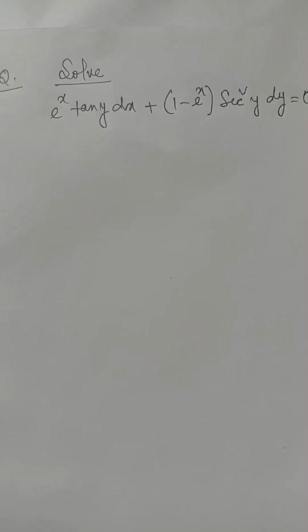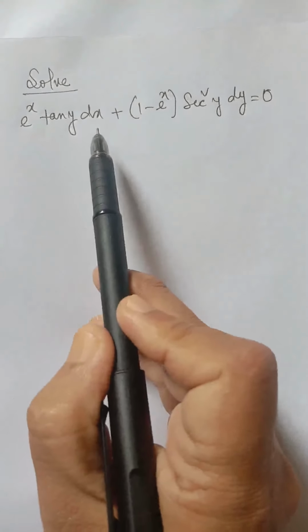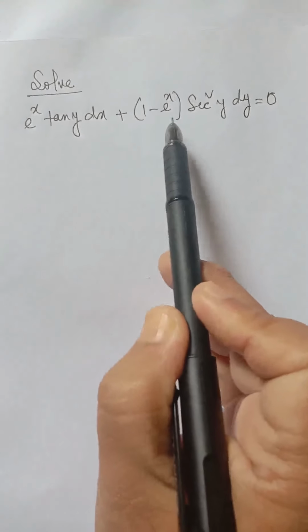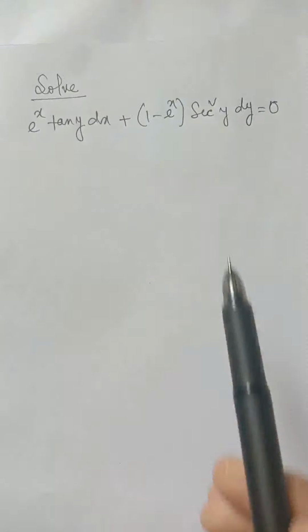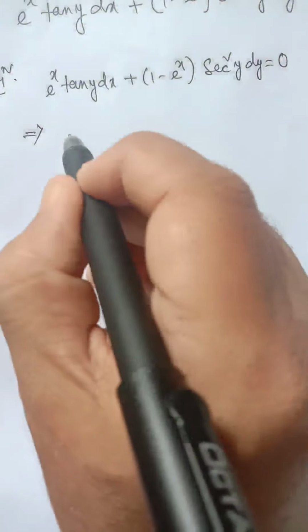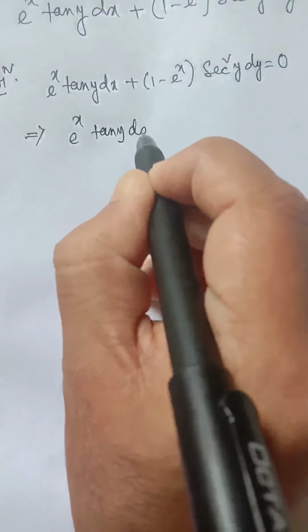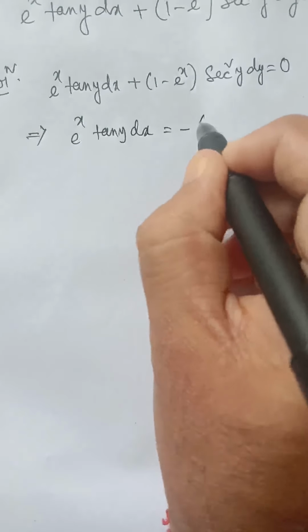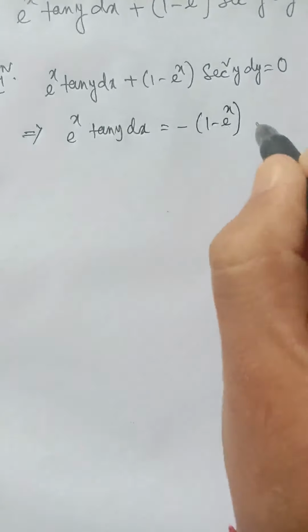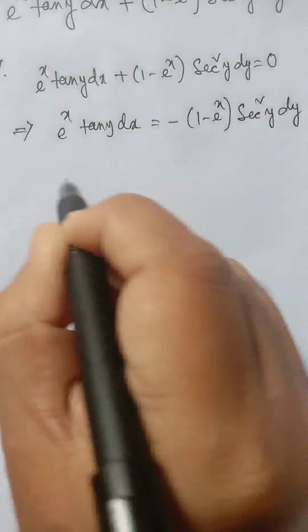Our next question is to solve e to the power x into tan y dx plus 1 minus e to the power x into sec square y dy equal to 0. First of all, I will try to separate the variables. So e to the power x tan y dx is equal to minus of 1 minus e to the power x sec square y dy.